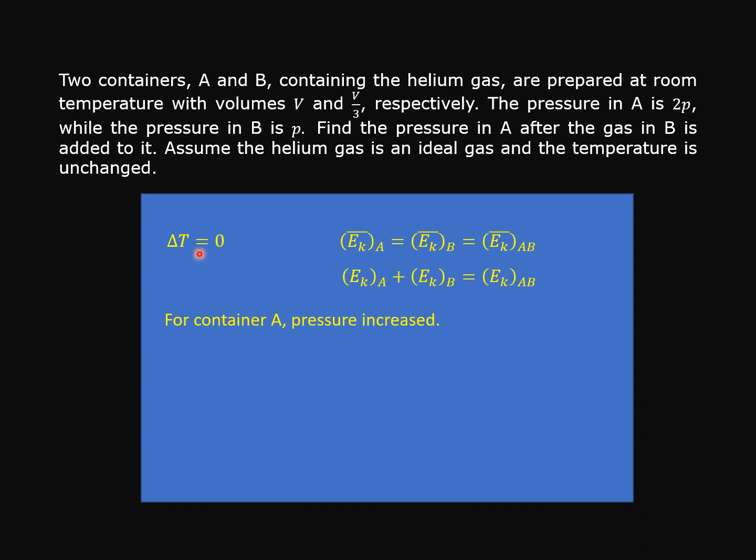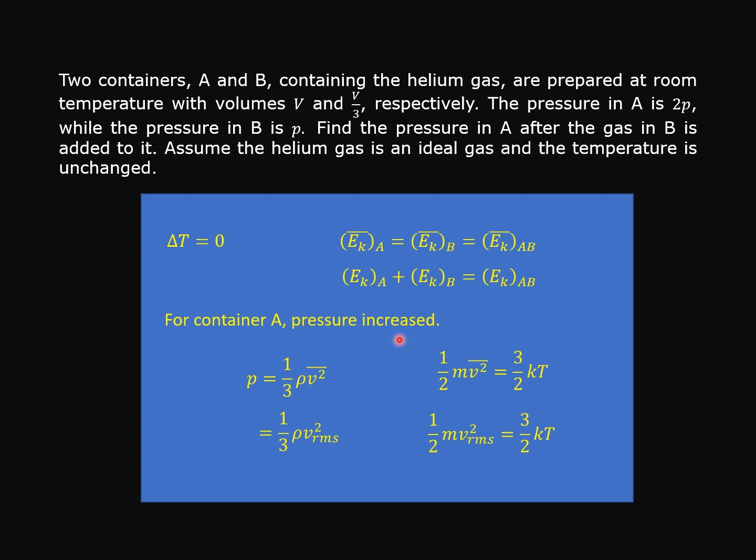We know that if delta T, if the temperature is not changing, the average velocity of the gas in container A will remain the same. So if the average remains the same, how come the pressure in container A increases? What is the reason for this pressure increase if the temperature remains the same?